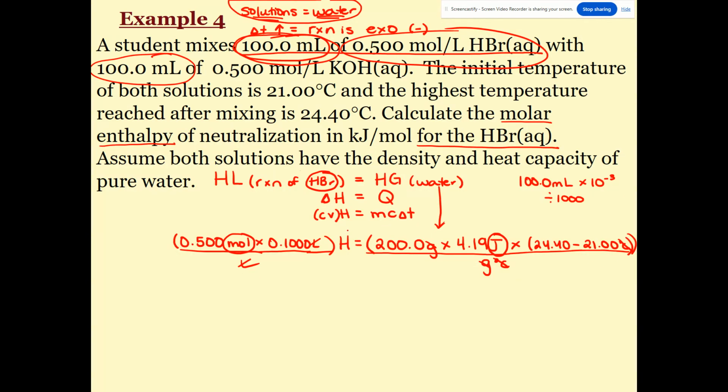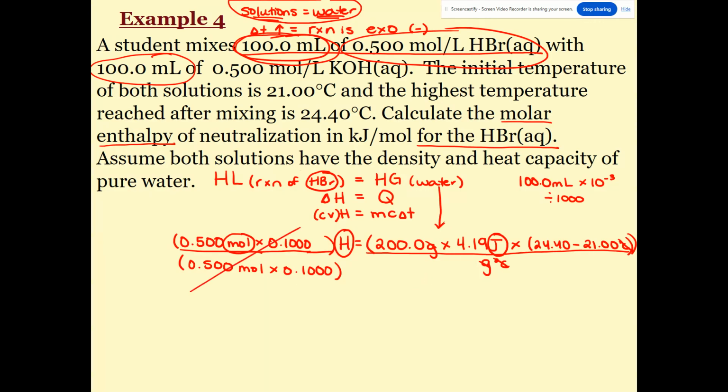And since we're solving for H, I need to divide both sides. If I just ignore these units for a minute because they canceled, I'll be dividing both sides by 0.500 moles is the units I'm left with there, times 0.100.